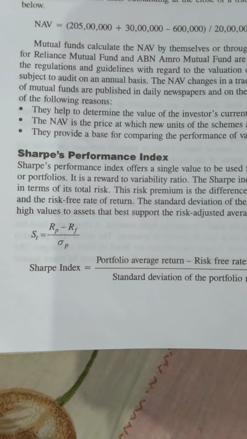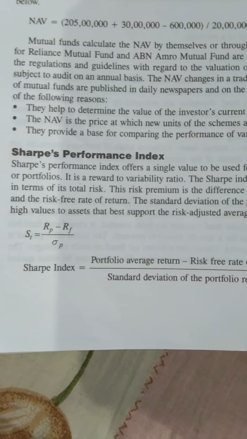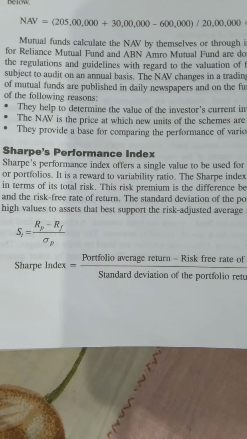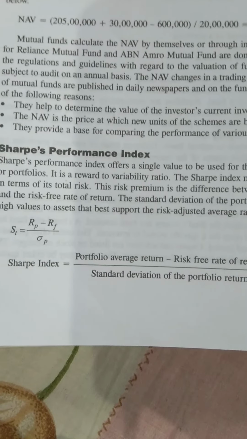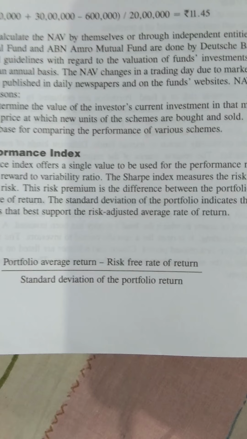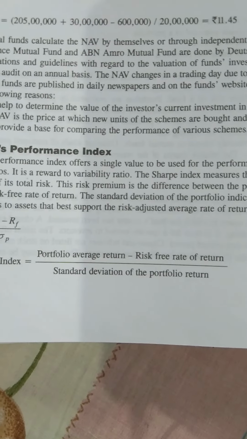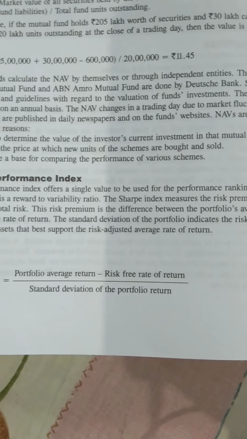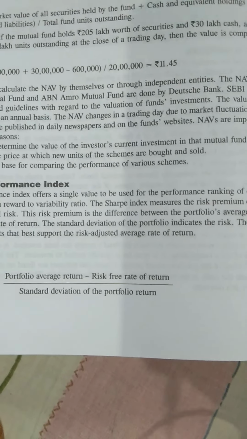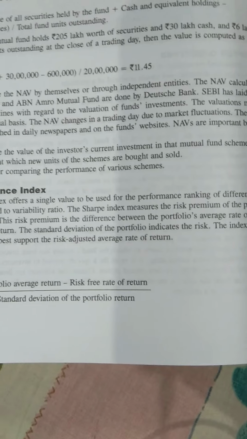Look at the formula. What is the formula? Rp minus Rf by sigma p. Rp means the return from the portfolio, return from the fund. Rf we already know, that is risk free return, and sigma p is the standard deviation of the portfolio return. Then this is the Sharpe ratio, but we should not calculate it over here.